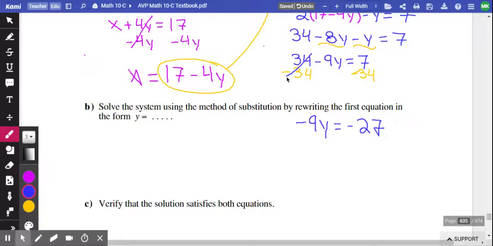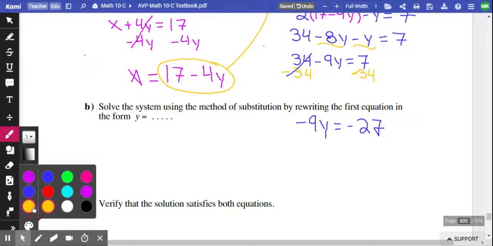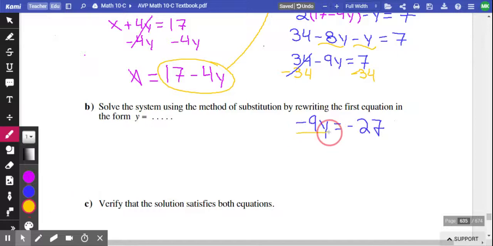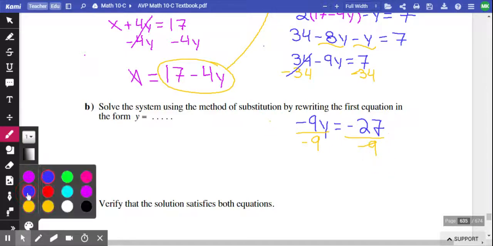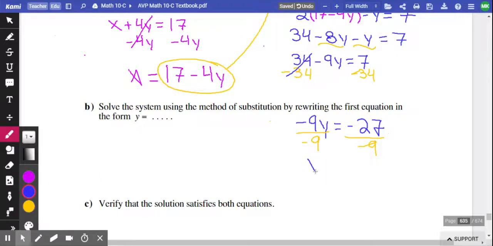So it's still with it here. Once I've moved any additions or subtractions over, I need to move any multiplications or divisions over. I have negative 9y, that means negative 9 times y. The opposite of timesing is dividing. My final answer for y is y equals 3.